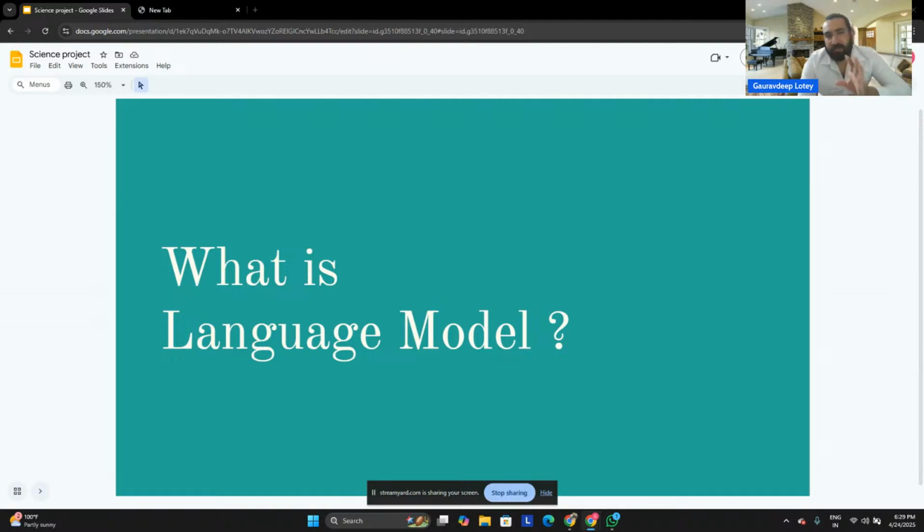By this time, we have understood a little bit of what AI is, a little bit of what NLP is, and what machine learning is to begin with. Language models are a fundamental component of NLP.